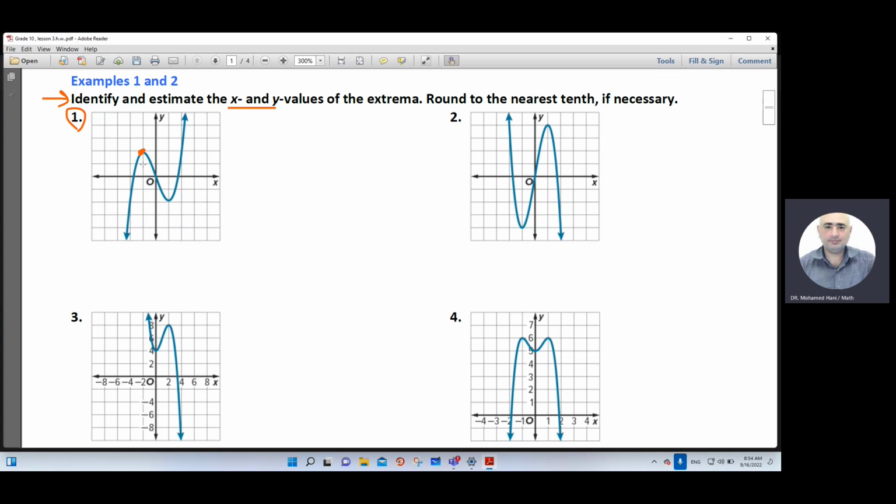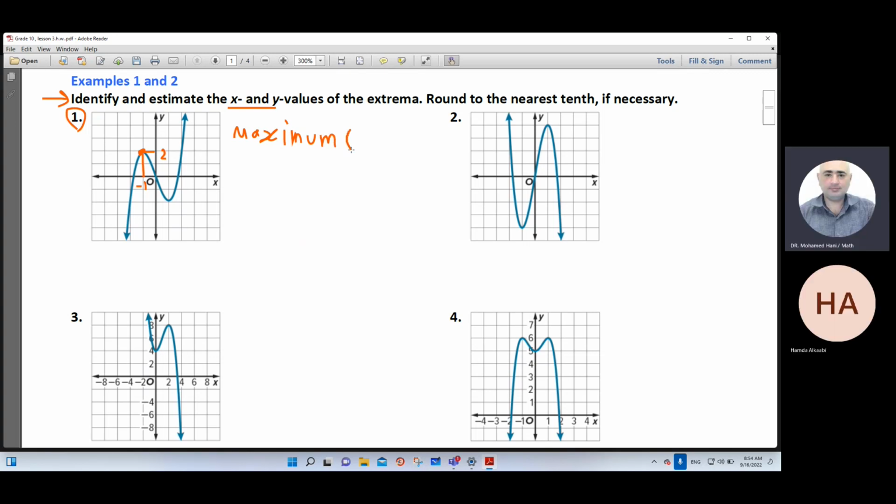How do we know the value of x and y? As you see here, x is -1 and y is 2. So we can write the maximum is (-1, 2).